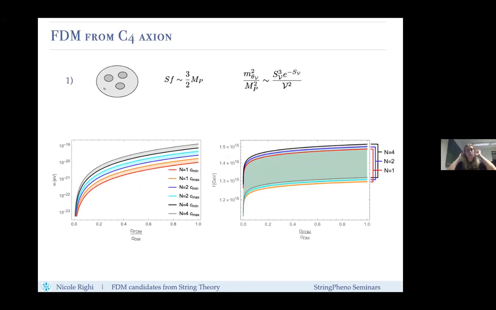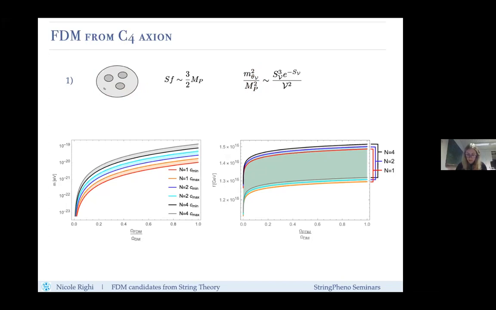The C4 axion, to be so light, should be stabilized in the large volume scenario. And in particular, we should take the axion which is the partner of the modulus corresponding to the volume of my Calabi-Yau, and I parameterize my Calabi-Yau with the Swiss cheese form. And these are the results that we get. So we are varying all the microscopic parameters of the theory.